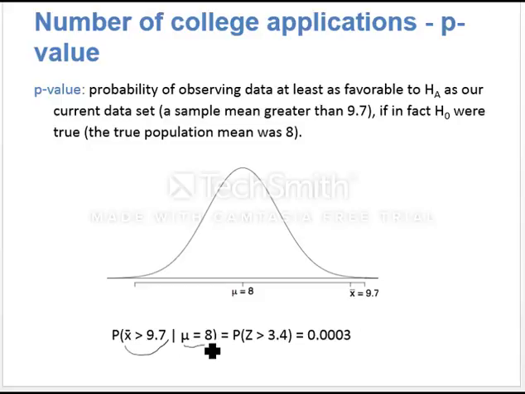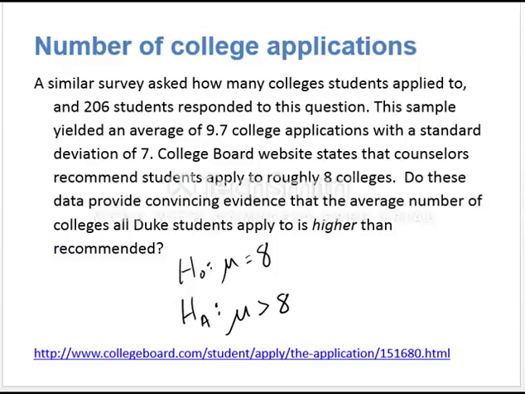This gets translated into a z-score calculation. For those of you who know z-scores, I'll show you a little bit about where this comes from. If this doesn't mean anything to you, then don't worry about it. I don't remember my standard deviation. Let me flip back up here real quick.